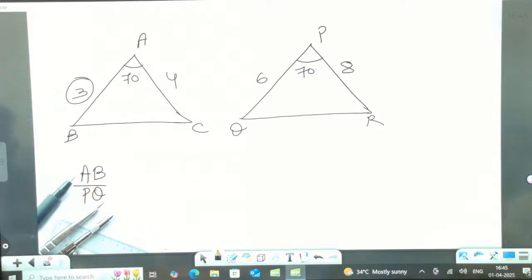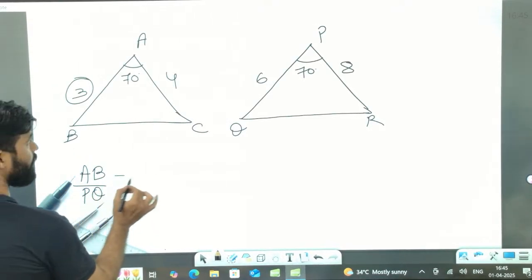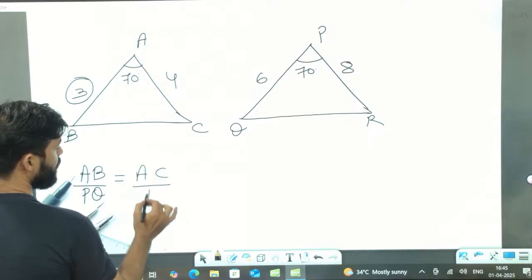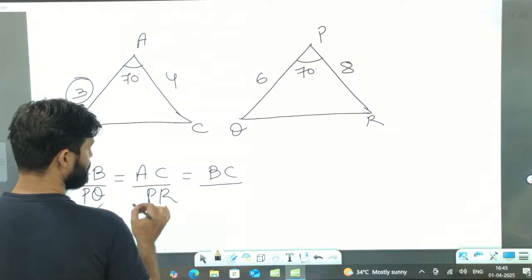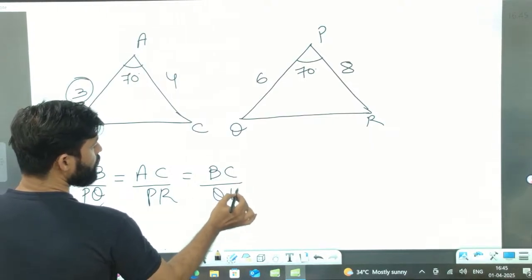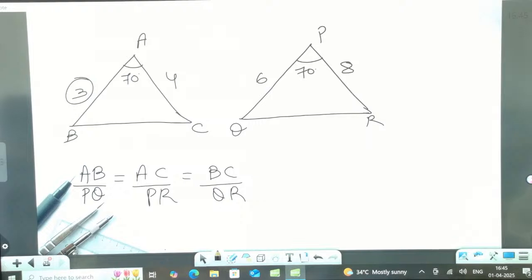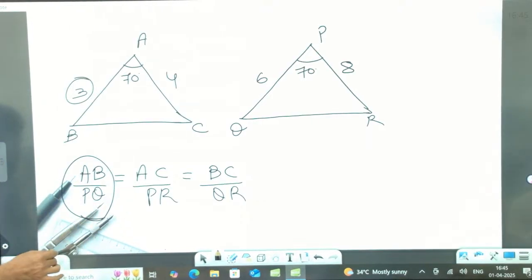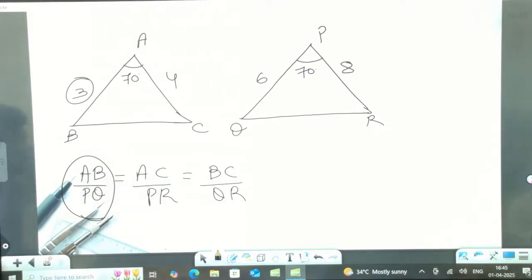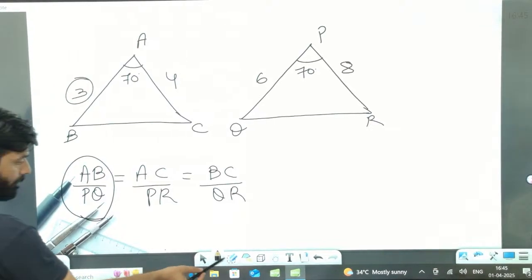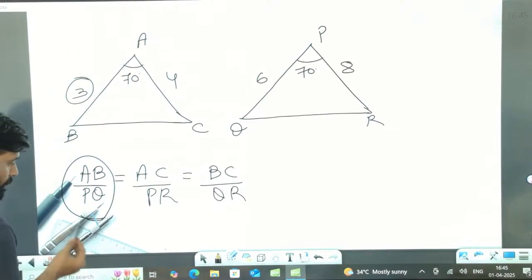So I will get this ratio of the sides. We have three sides, so I can write AC upon PR and BC upon QR. What is the meaning of it? Once I get the ratio of one side, then definitely for the whole triangle it will be the same, as we know, the k factor.